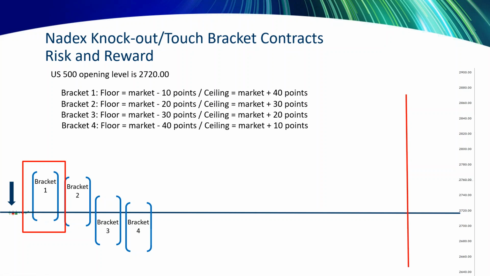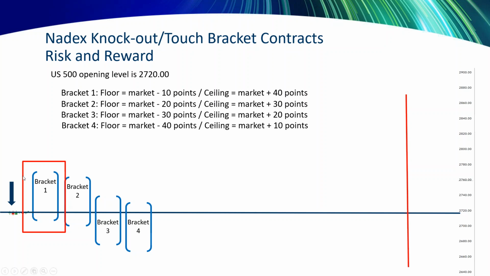What I mean by breathe is, it could be very easy to have this knocked out right away. So in some cases, if the market moves down, you might want to look to bracket number two. You take on a bit more risk than in the first bracket, but you've given the market a little room. You're not smothering it. So these are things to think about as you're trading it. Just because it's super low risk doesn't mean it's always the best trade.